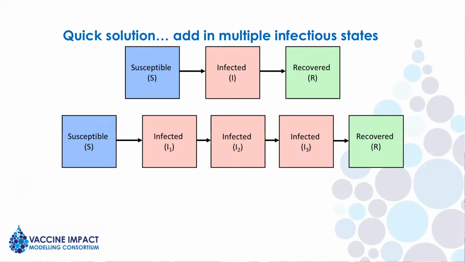If we're thinking about our infectious period, I had the exponential decline in the number of infected people, and then we had that gamma distribution, so that peak number of infected people staying infected for about 3 days and then some people either side. We can approximate that, before jumping into different ways of modelling, just by adding multiple infectious states.